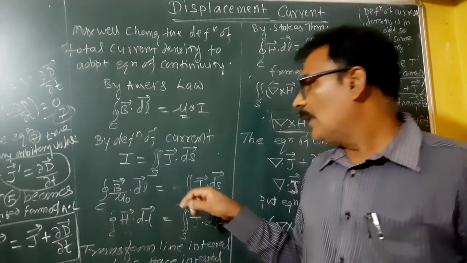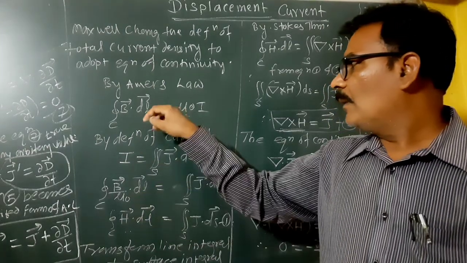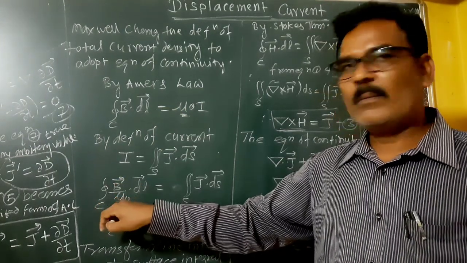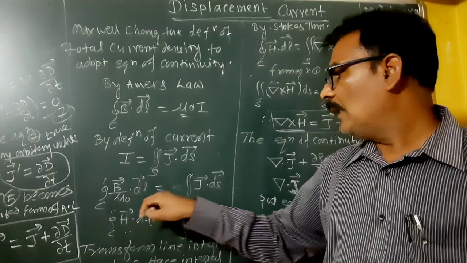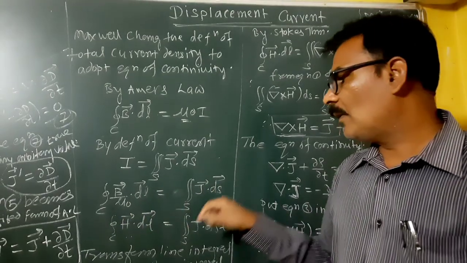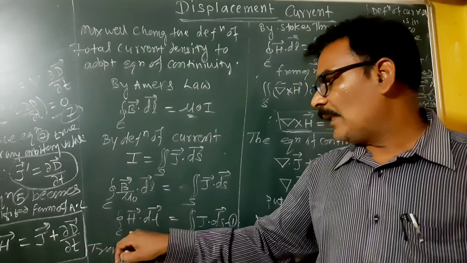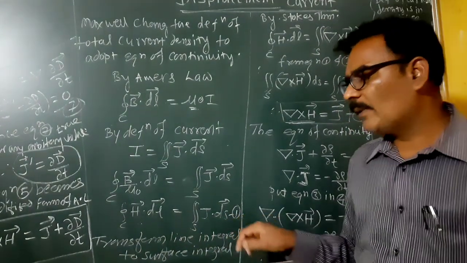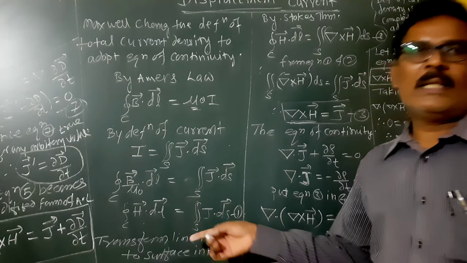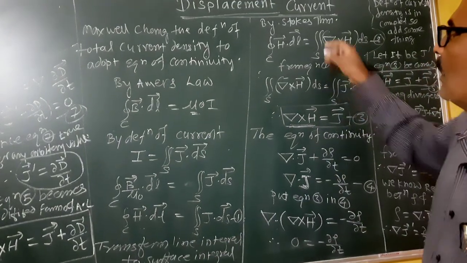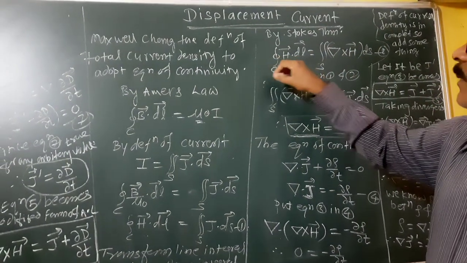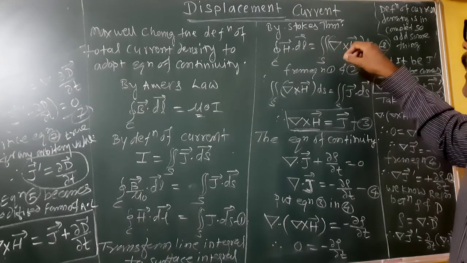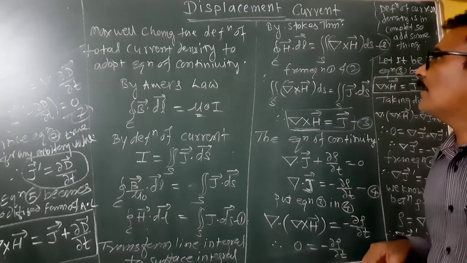Substituting, B bar upon mu 0 dot dl is equal to the surface integration of J bar dot ds bar. Secondly, H bar dot dl bar is equal to the surface integration of J bar dot ds bar. Equation number 1. Transform this line integration into surface integration by Stokes theorem, that is H bar dot dl bar is equal to curl of H bar dot ds bar.